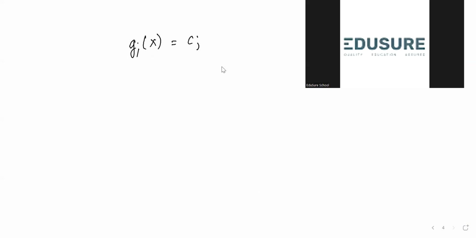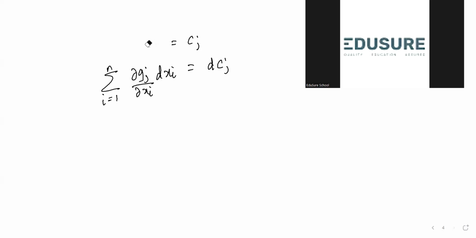If I differentiate this entirely, I'll get, because each Gj is a function of x1 up to xn, so if I differentiate, I'll get del Gj del x1 dx1 plus del Gj del x2 dx2.